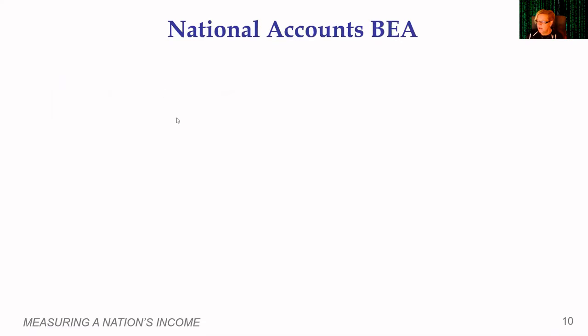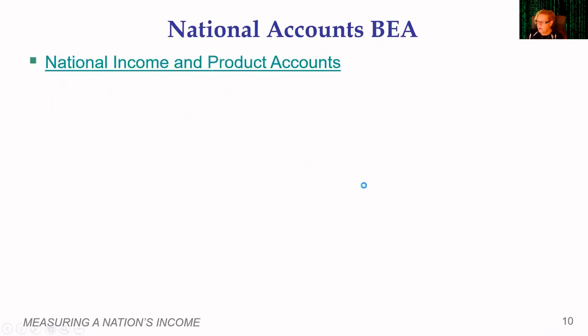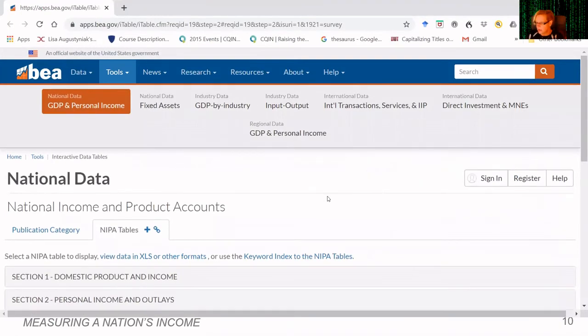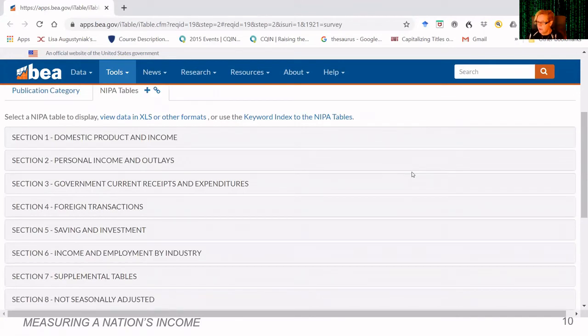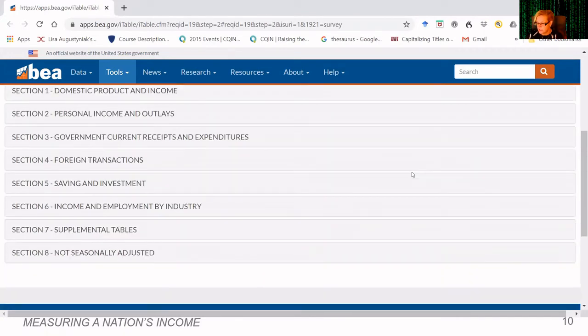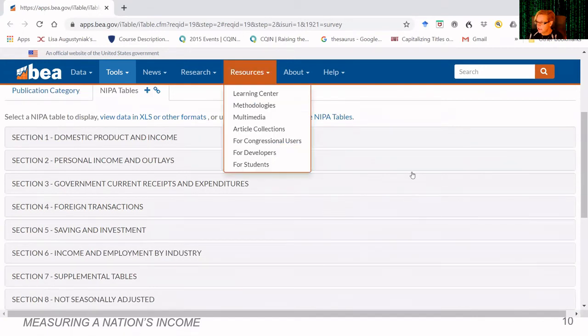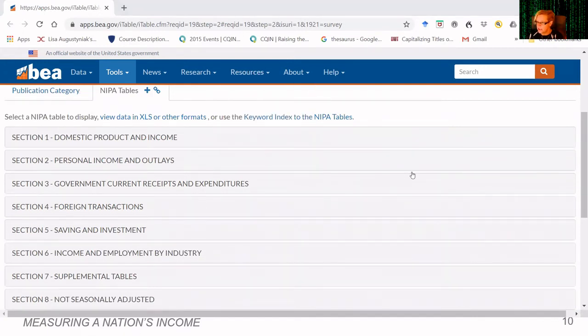Again, if you want to take a look at the national accounts, we can go ahead and look at those specifically. Let me just pull up what I have here. I just always like to tell people I don't just make this stuff up. If we look at the national accounts, you're going to see some pretty important information. You're going to see here product income, personal income.